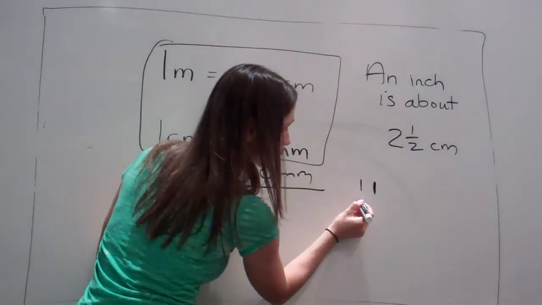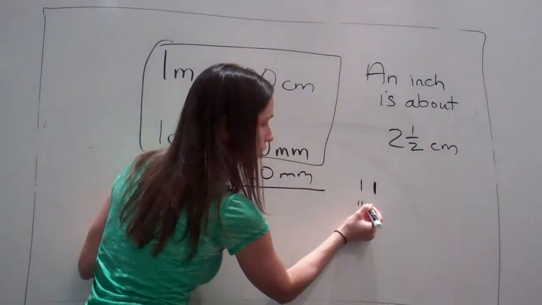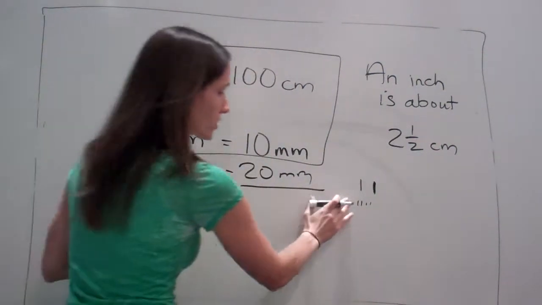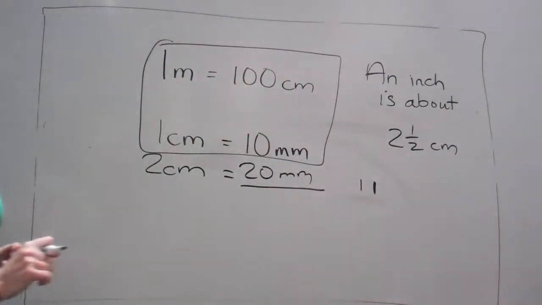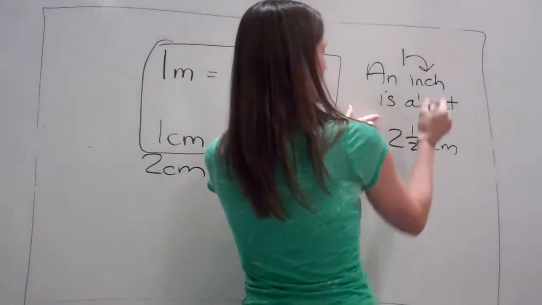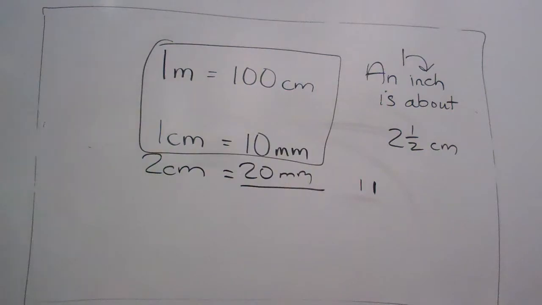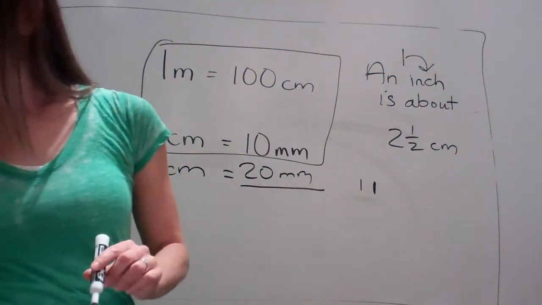A centimeter is about like that, tiny, and it takes 2.5. Of course, I didn't quite do it perfectly, but does everybody see it? 1 inch is about 2.5 centimeters. And you'll need to know that for some of the questions they're going to ask you. Alrighty. That's the end of lesson 7.